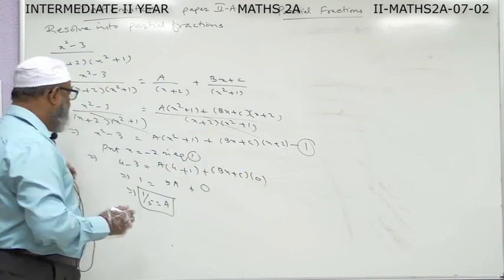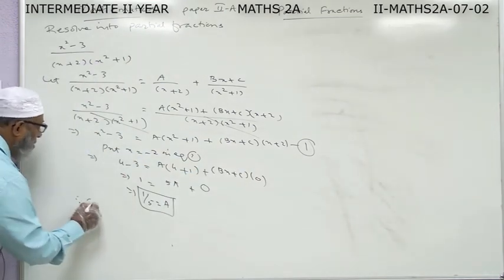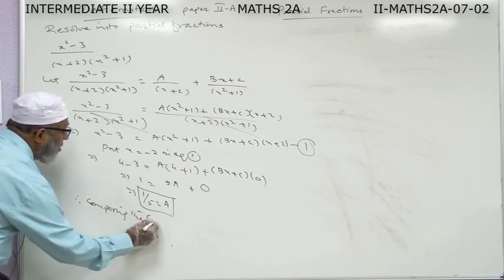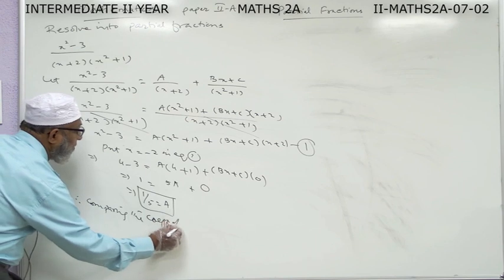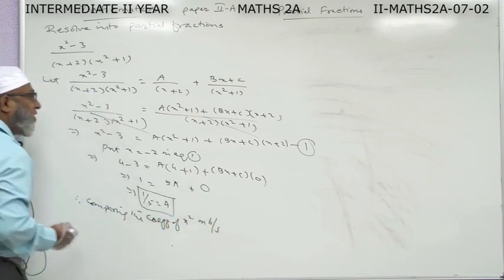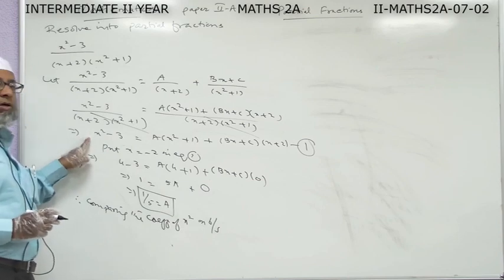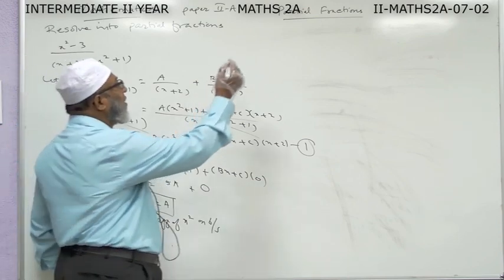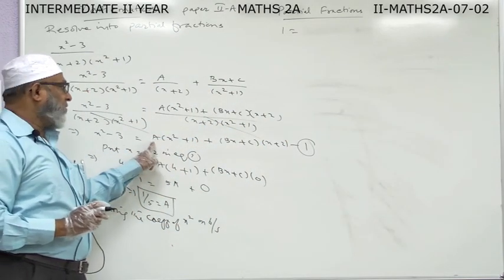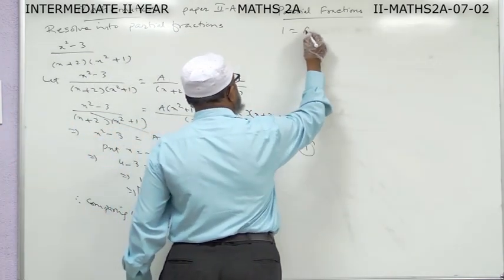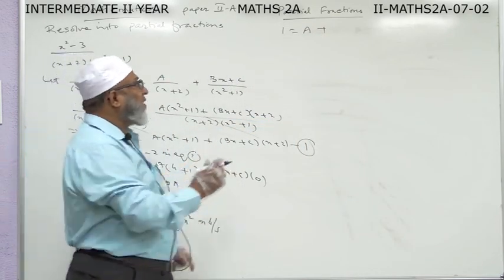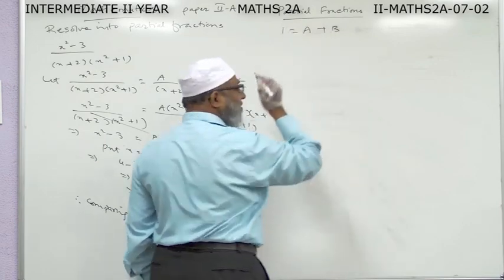B. Therefore comparing the coefficient of x square on both sides. Now what is the coefficient of x square? On the left hand side it is 1 is equal to x square. The coefficient of x square is a plus x into x square. What is the coefficient? B. So a plus b is equal to 1.